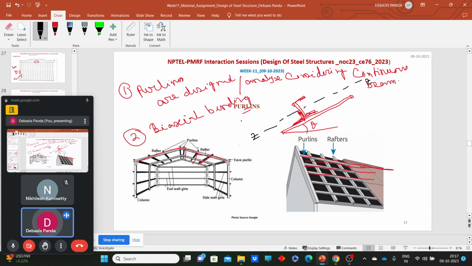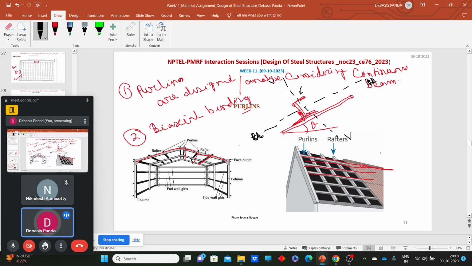Like we can say, okay, this is UU. This is nothing but the ZZ axis of this particular rolled section. And the YY axis, let's consider this is the VV axis. Okay, now the load.